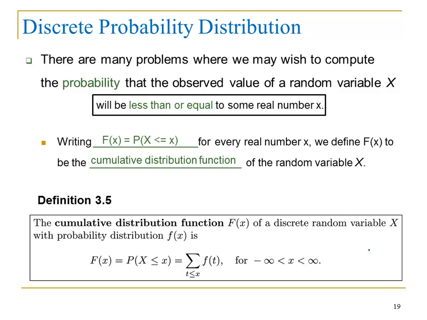Summation from a value up to x of all the values evaluated in that function. You're going to see that in an example, okay? But you're going to sum all the probabilities up to x, and that will give you the cumulative distribution.